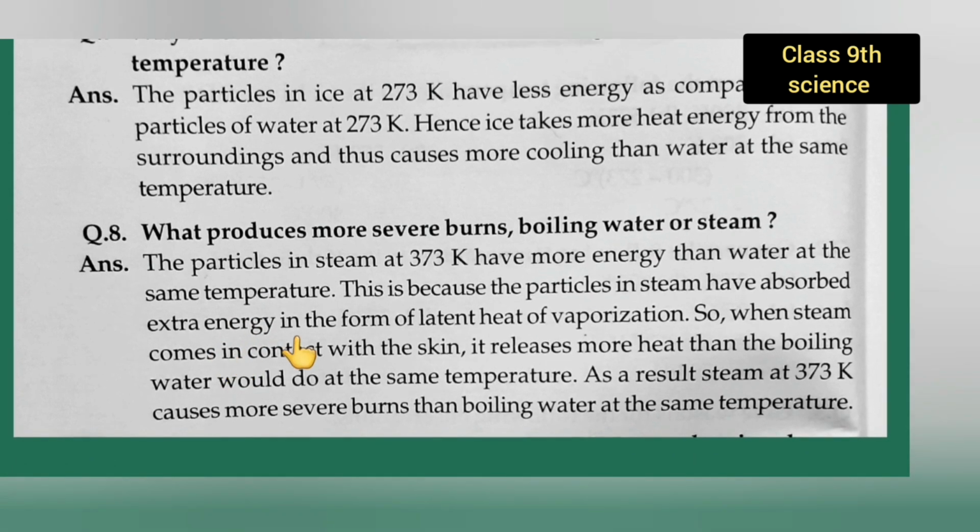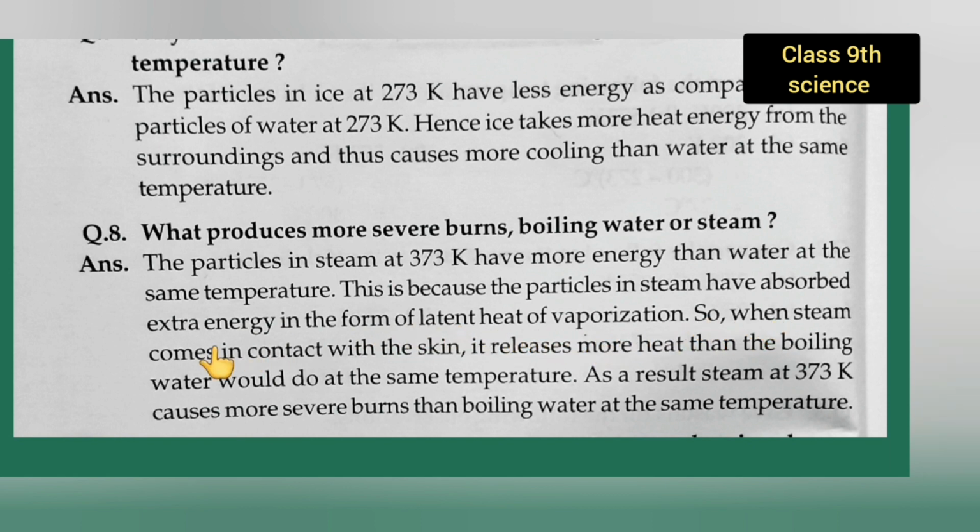Okay, so what produces more burns, boiling water or steam? The particles in steam at 373 Kelvin have more energy than water at the same temperature. This is because the particles in steam have absorbed extra energy in the form of latent heat of vaporization.